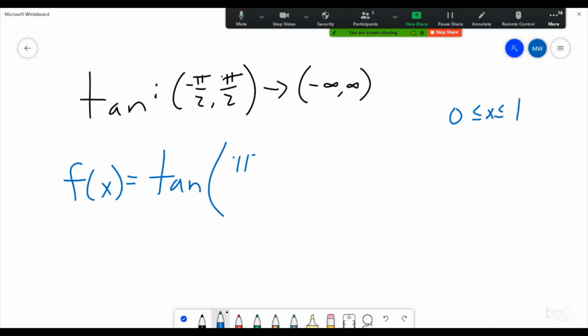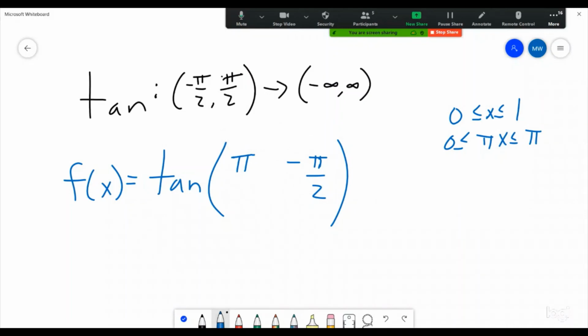It'd be, so pi x would then mean that pi x is between 0 and pi, so it'd be pi x minus pi halves. So that would be your function that you would use.